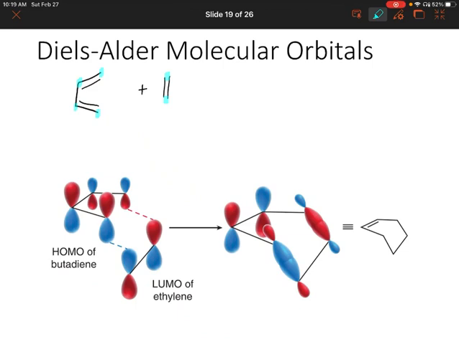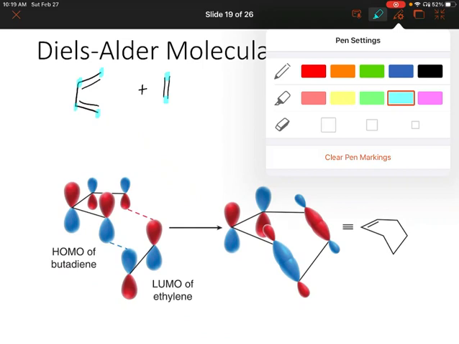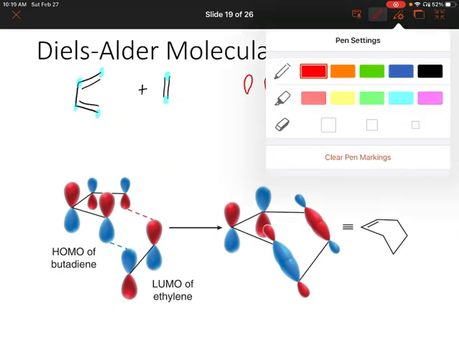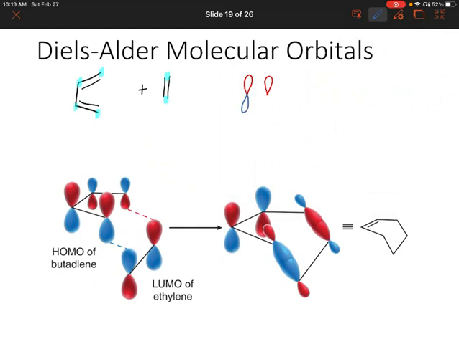Now we also saw that the HOMO of butadiene, or the highest occupied molecular orbital, that was a situation where the two p orbitals on the left were aligned with each other.